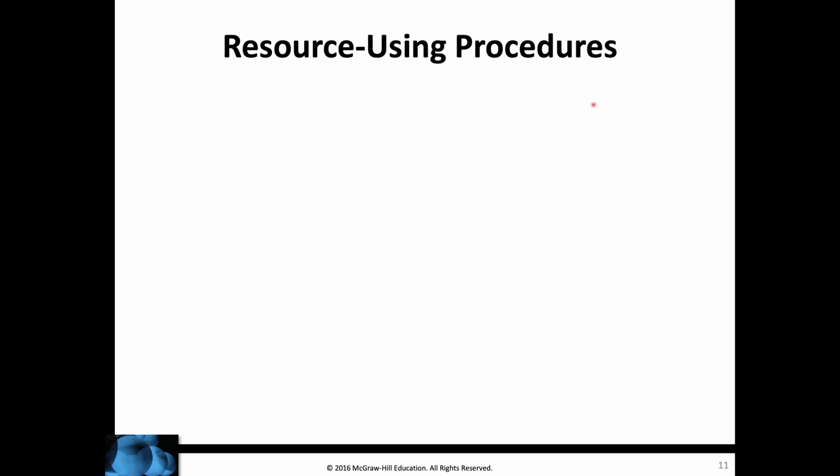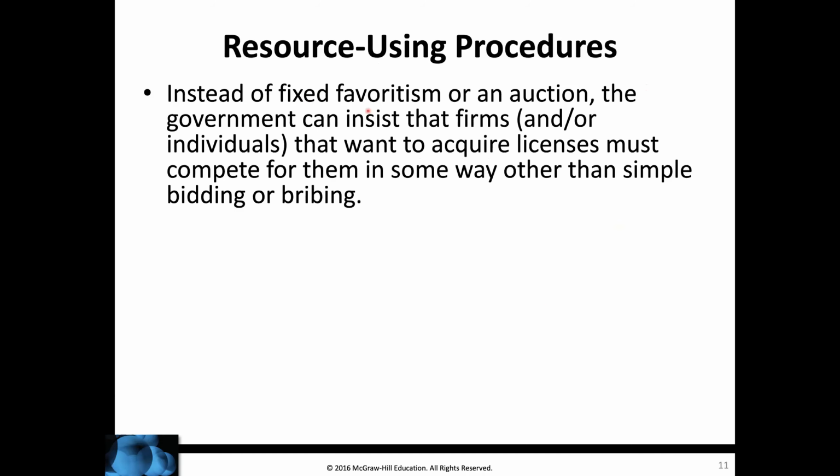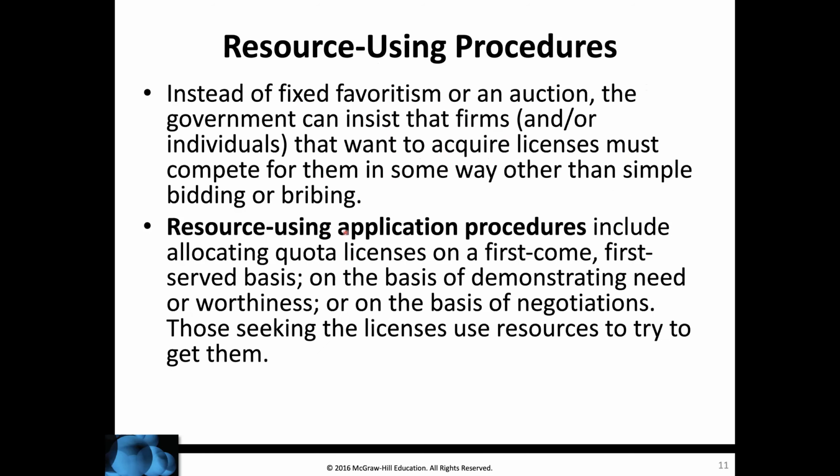Now for resource using procedures, instead of a fixed favoritism or an auction, the government can insist that firms and or individuals that want to acquire licenses must compete for them in some way other than simple bidding or bribing. So the resource using application procedure would include allocating quota licenses on a first come, first served basis, on the basis of demonstrating need or worthiness, or on the basis of negotiations.